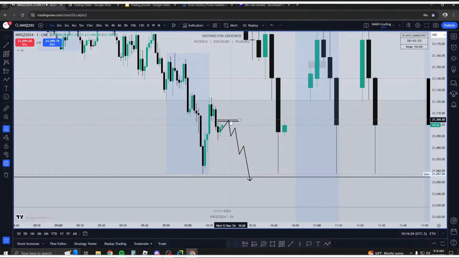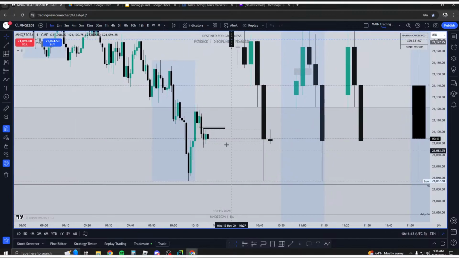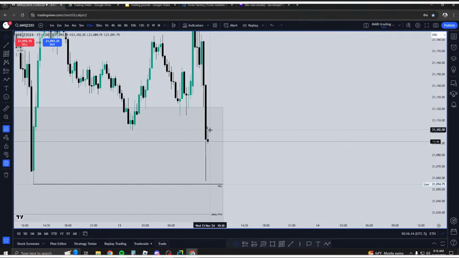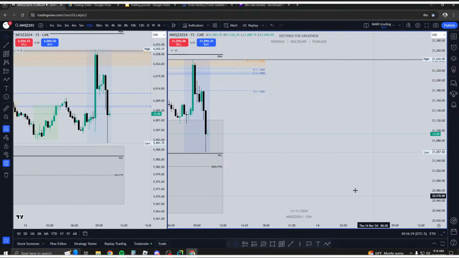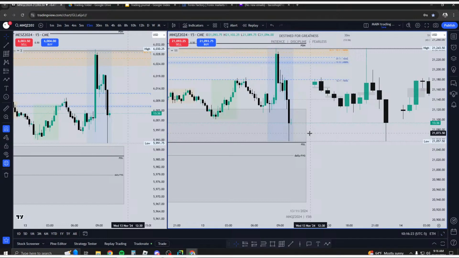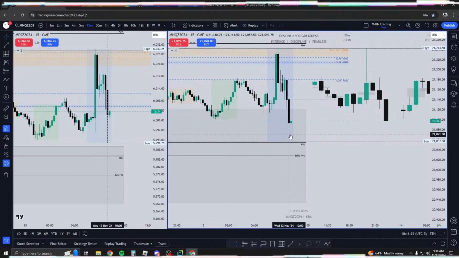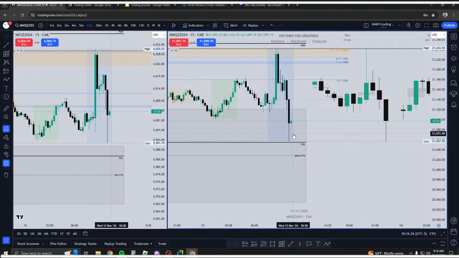But seeing how this smaller fair value gap got formed, I don't have much confidence in it. So now I would just wait, like I said, for more time, more structure, and see what price really wants to do. And I feel like we probably will end up taking out previous day low on NQ.